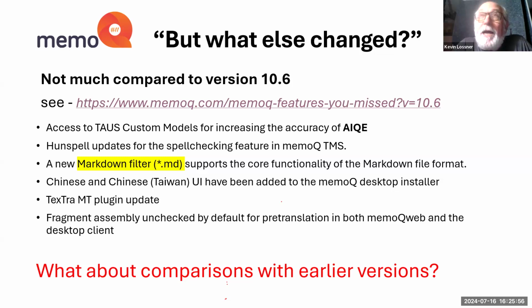So my suspicion with memoQ now making this part of the standard filter set that's offered in the tool is that this is on the rise. And if you haven't seen a Markdown file in one of your jobs yet, chances are it may happen before long.